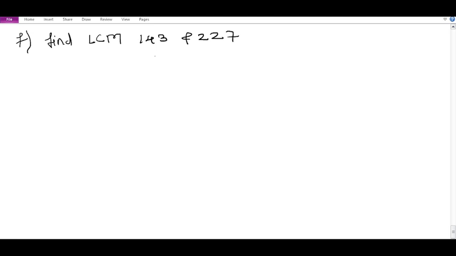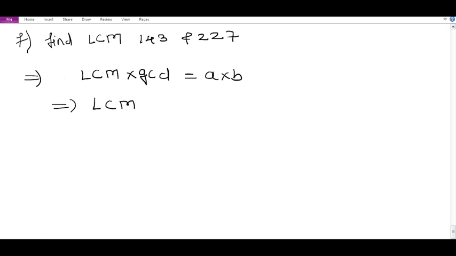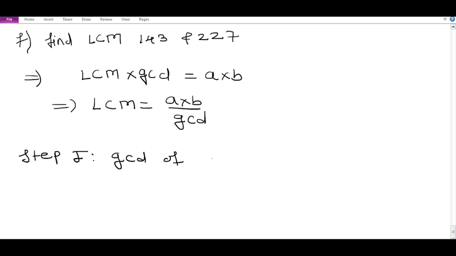Now we know that LCM into GCD is multiplication of A into B, that is LCM is equal to A into B divided by GCD. So first we are going to find the GCD of 143 and 227.